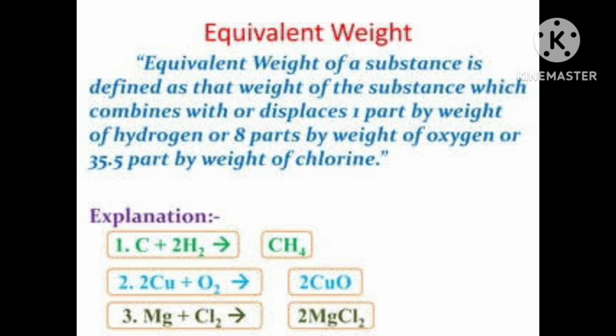In that case, 1 mole is equal to gram formula mass of the compound, and that is equal to 6.02 into 10 to the power 23 formula units of the compound, and that is equal to 6.02 into 10 to the power 23 times the number of atoms present in 1 formula unit of the compound.